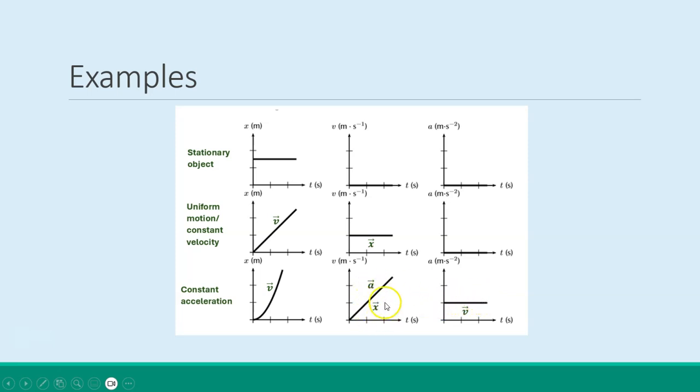I also remind myself that the area under the VT graph provides me with a displacement, and that the area under the AT graph provides me with velocity. This is so useful to have up front and to refer back to as you're answering these graph questions.